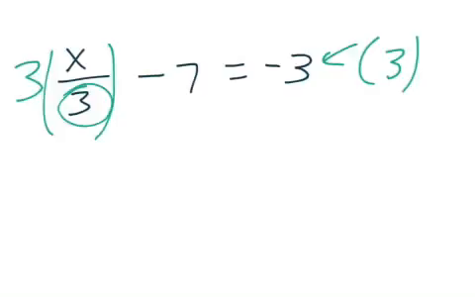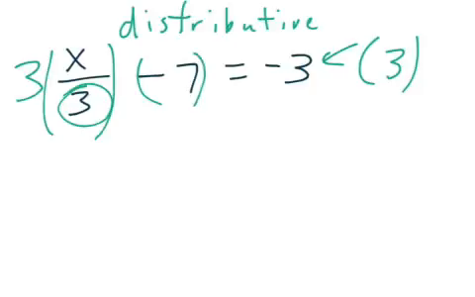In other words, you're forgetting the distributive property, okay? You must remember guys, whenever we multiply or divide, distributive property is always in effect. So the correct thing we must do here, guys, is also multiply the negative 7 by a 3.